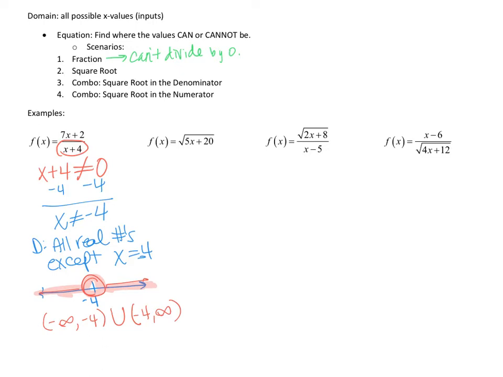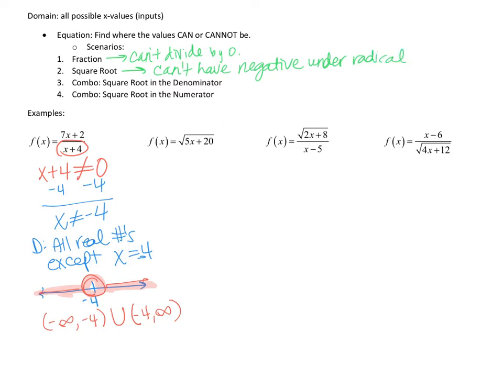Remember when we were looking at complex numbers, we said a complex number became imaginary when we had a negative under the radical. So in a square root, this time we can't have a negative under the radical.